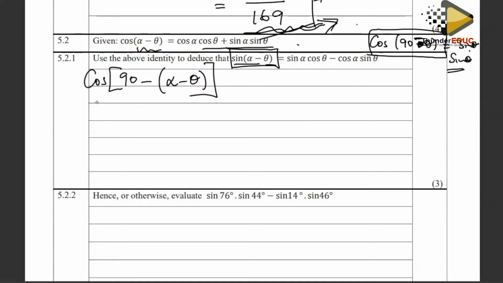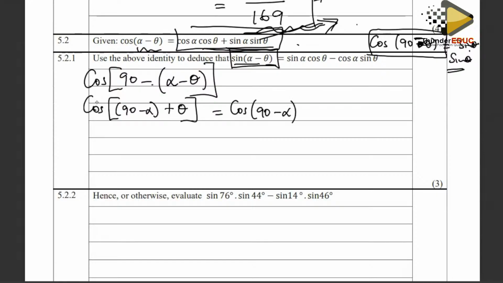Then I'll regroup this and say I have the cos of 90 minus alpha, and then negative and negative, I'll have a plus theta. And then I'm going to open this up using this identity that I was given. So I'll have the cos of 90 minus alpha, the cos of theta. Since I'm adding, I'll subtract. And then I'll have the cos, no, it's supposed to be a sine, because the formula says sine.